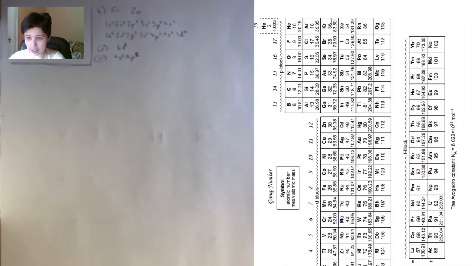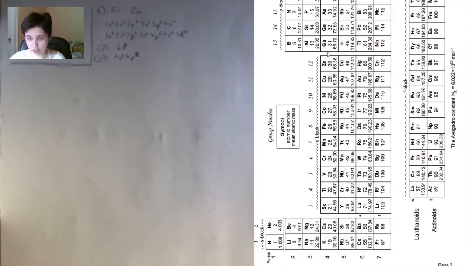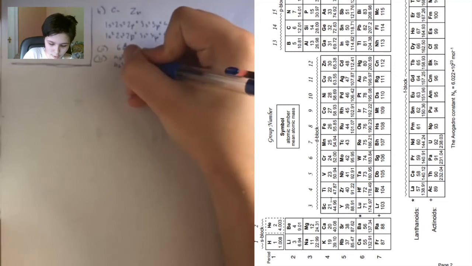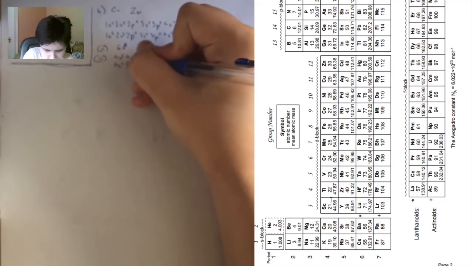And then for the manganese, it can't lose any of its p electrons, so it's just going to end up losing its d electrons, so it's going to be 4s2, 3d5 instead.